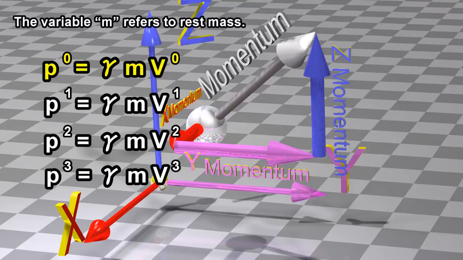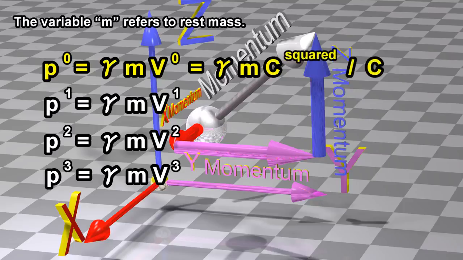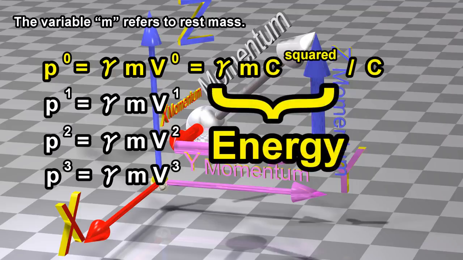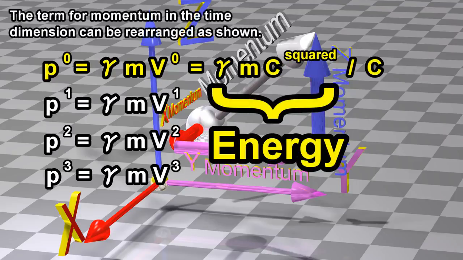The variable m refers to rest mass. The term for momentum in the time dimension can be rearranged as shown.